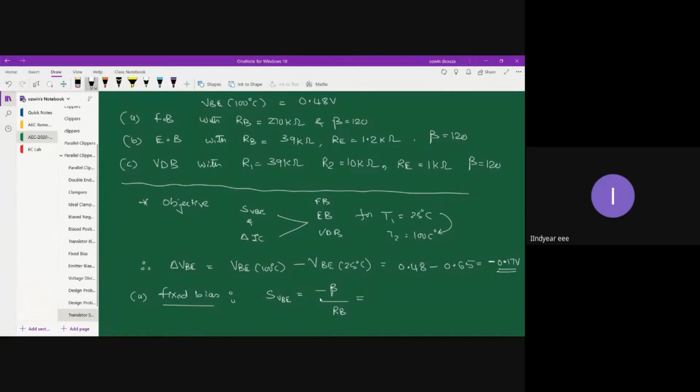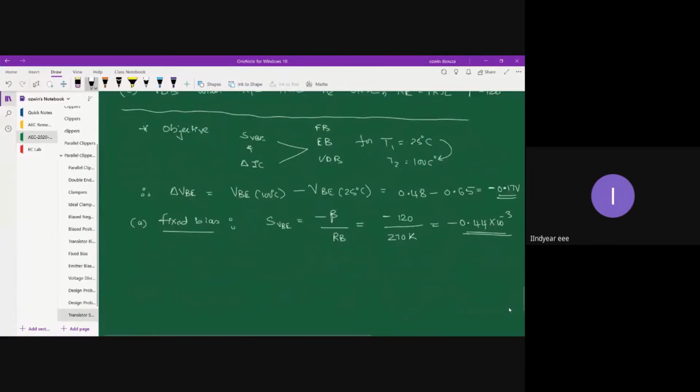So similarly, you could do it for fixed bias circuit. So SVBE for a fixed bias circuit is minus beta divided by RB. So that is minus 120 because beta is given as 120, divided by RB. Okay, what is RB? 270 kilo. So that gives the value as minus 0.44 into 10 to the power minus 3.